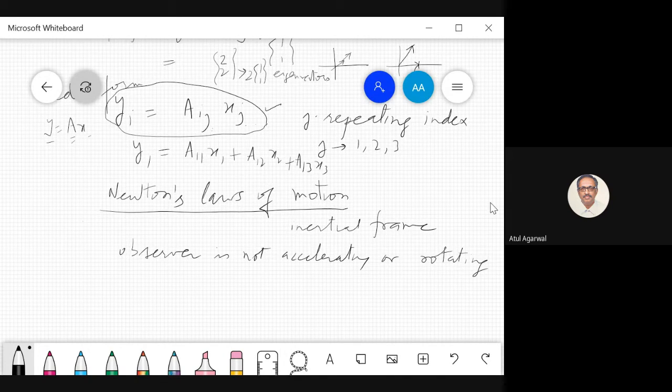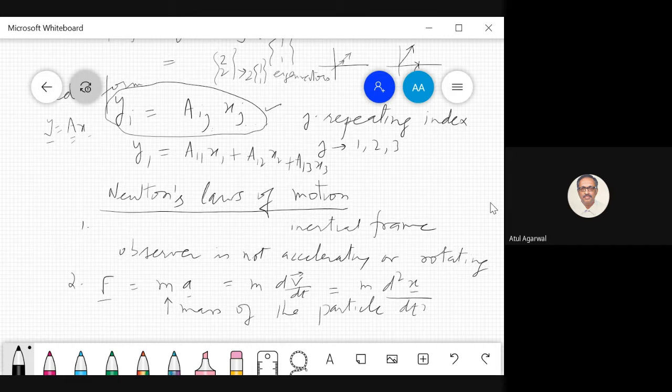Now, the second law, F is equal to ma. Here m is the mass of the particle. The force F is the force applied to the particle. You can write it as m dv/dt. v is nothing but dx/dt. x is the position of the particle.